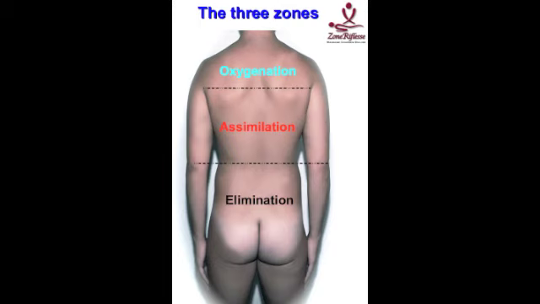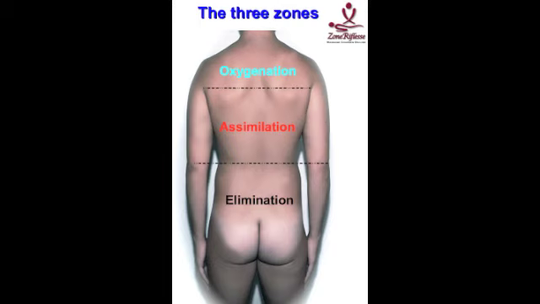Immediately underneath that, we have the assimilation zone. As you can see from the dotted lines, to identify this is quite easy. You just need to draw a dotted line, even an imaginary dotted line, from elbow to elbow. And then everything that falls between that dotted line and the dotted line from armpit to armpit, you have the assimilation area or zone.